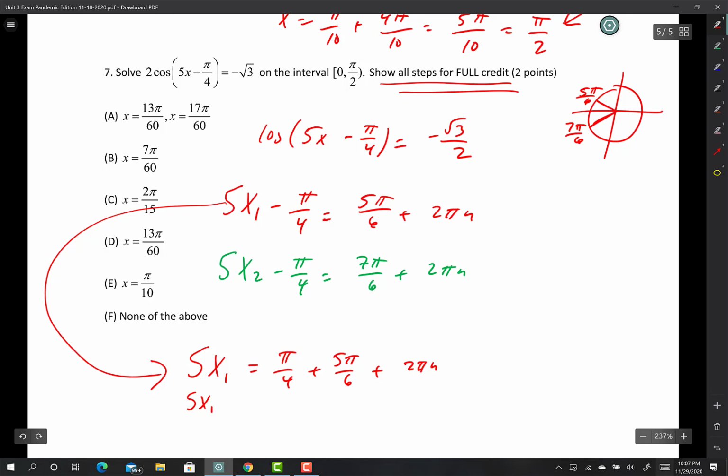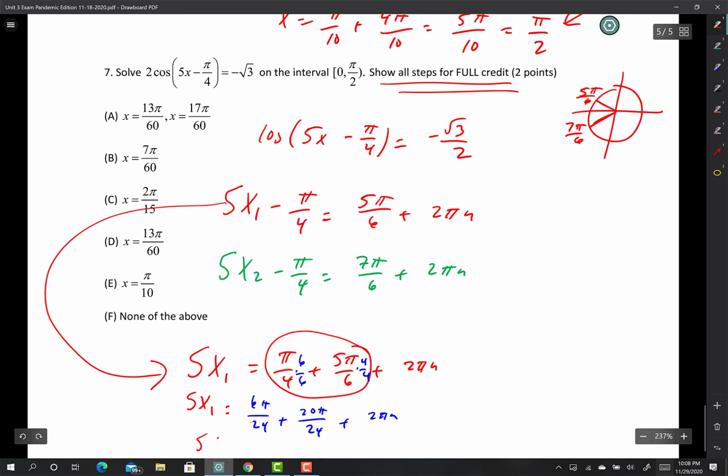So then 5x1 equals, so 1/4 plus 5/6. So you could do a common denominator right there, guys. You can multiply that by, or you know what, just take your calculator. 6 over 6, 4 over 4. So you get, let's see, 6 pi over 24 plus 20 pi over 24 plus 2 pi n.